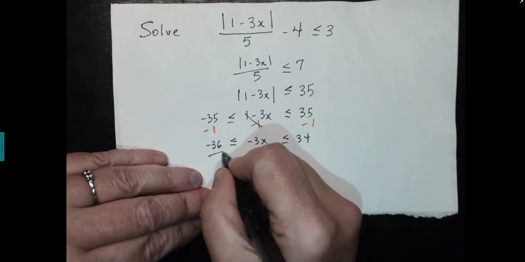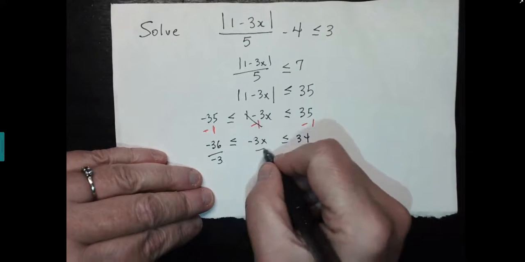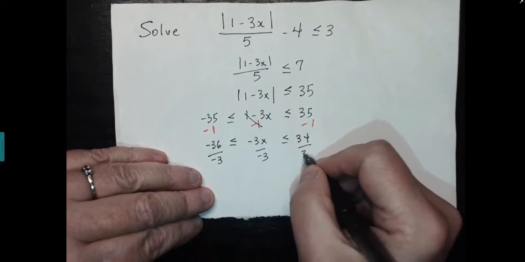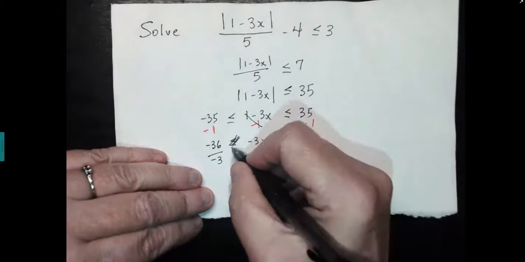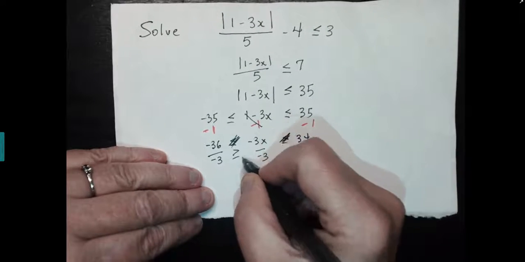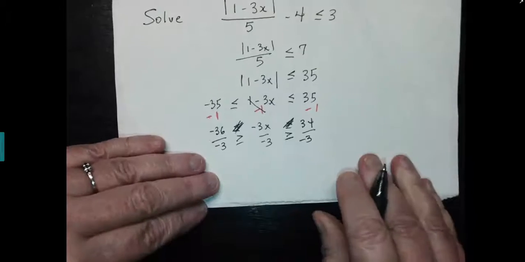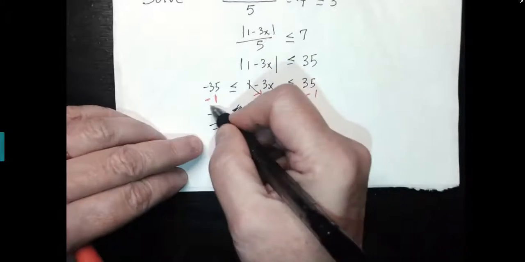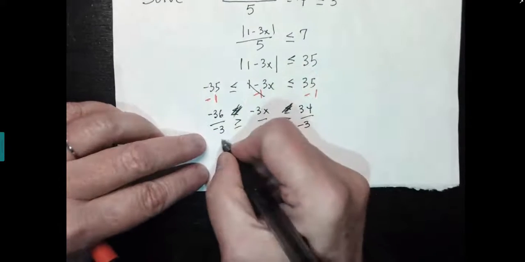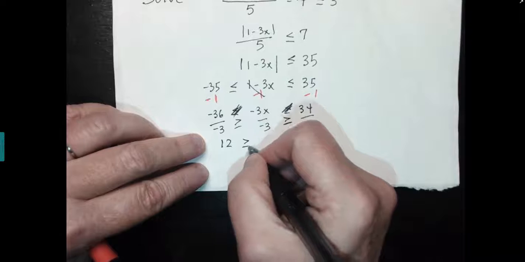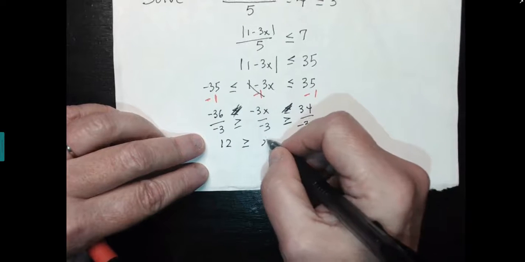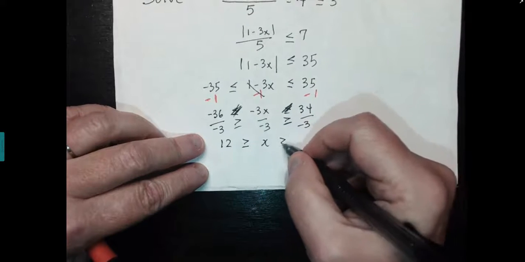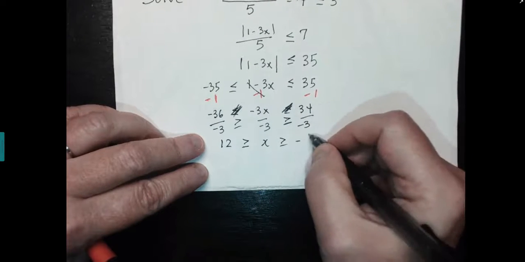However, when I divide by a negative, the direction of the arrow flips. So I'm going to flip the arrow. Now, that reduces to positive 12. I have x by itself here, and that's in lowest form.